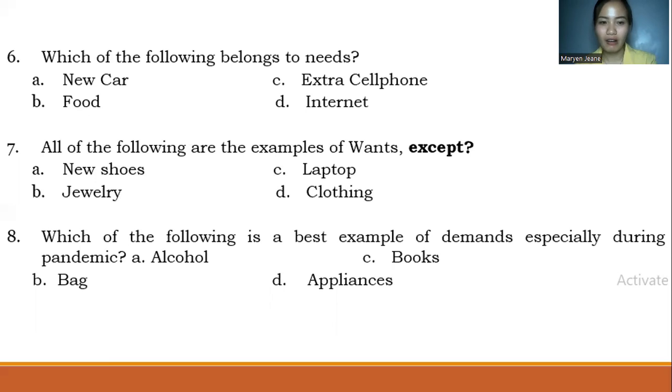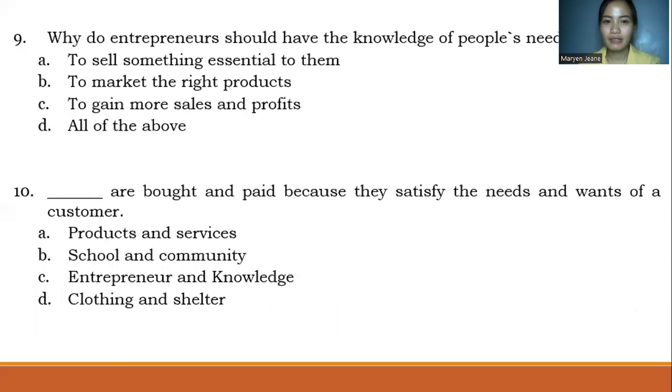A, alcohol. B, bag. C, books. D, appliances. Number 9, why should entrepreneurs have knowledge of people's needs? A, to sell something essential to them. B, to market the right products. C, to gain more sales and profits. D, all of the above.